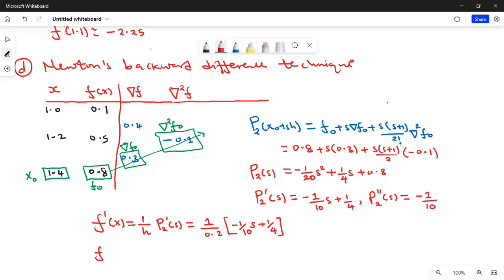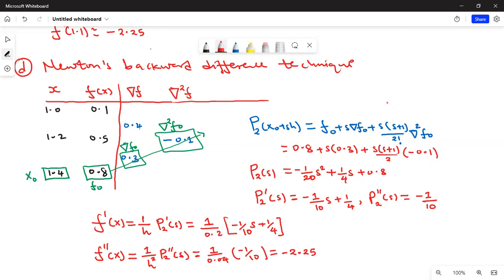F double prime of x should be equal to, remember we are using chain rule, so that should give us 1 over h squared times P2 double prime of s. So that is 1 over 0.04 times negative 1 over 10, which is the same as negative 2.25.